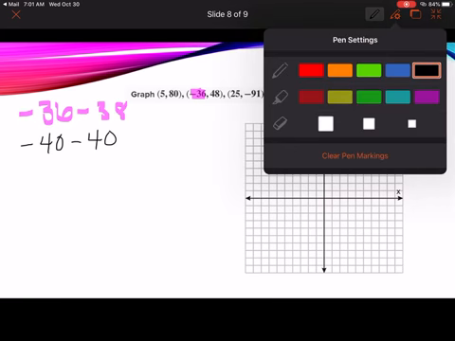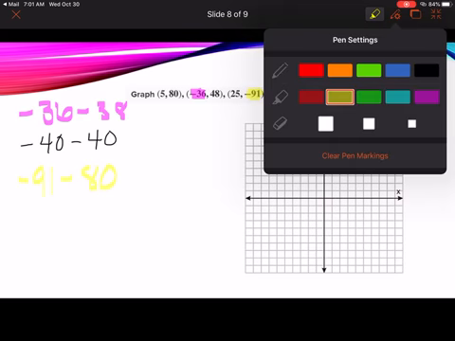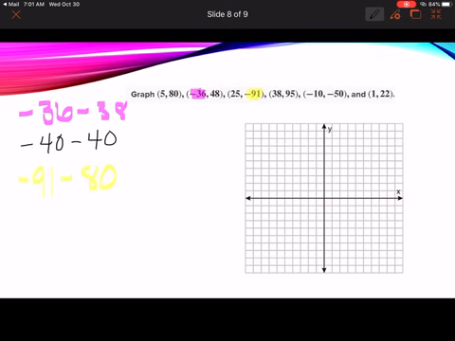I just incorporated the next highest round number of tens. Now I need to look at my y values because I have to have a scale on my y values too. So my smallest y value looks to be negative 91. And it goes to 80. So if I was making a scale here, I would probably go negative 100 to 100.